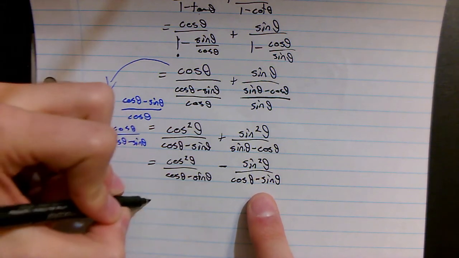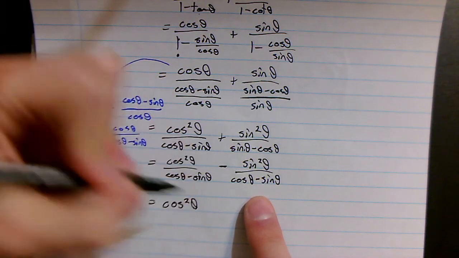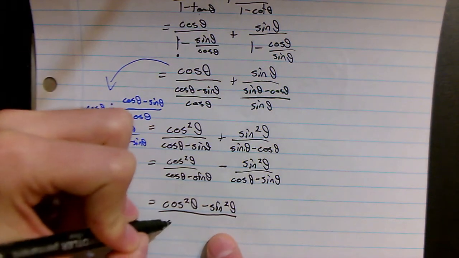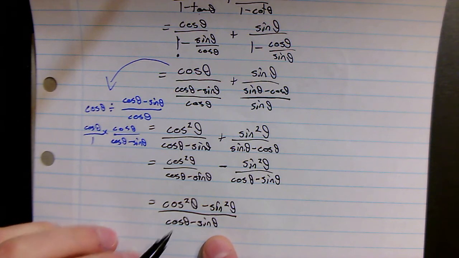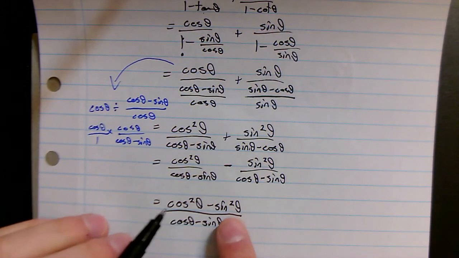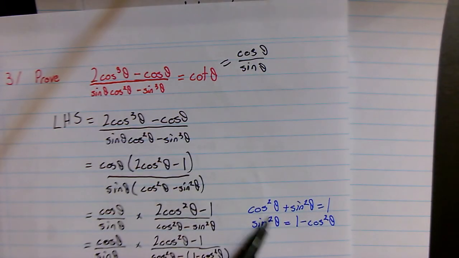We should know how to add and subtract fractions. If you're doing this kind of maths, it's a bit pathetic if you don't know how to add and subtract fractions by now. So we add and subtract the fractions, like so, and all that's left to do is simplify. Whenever we have these cos squareds and sine squareds, first off, you want to be looking out for the Pythagorean identity, the one we used in question 3, that cos squared theta plus sine squared theta equals 1.